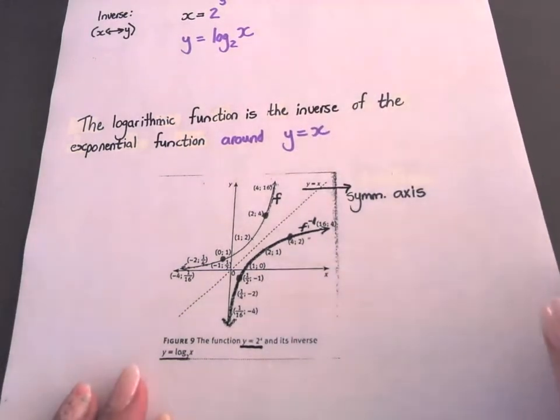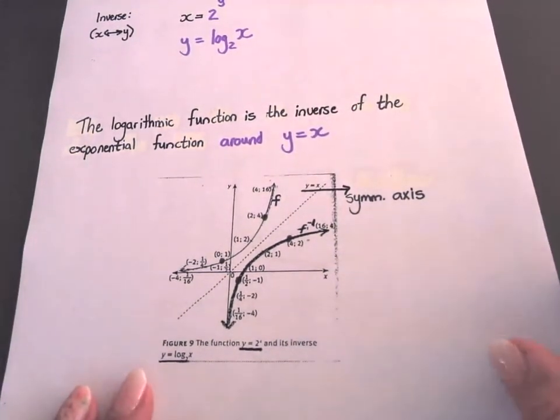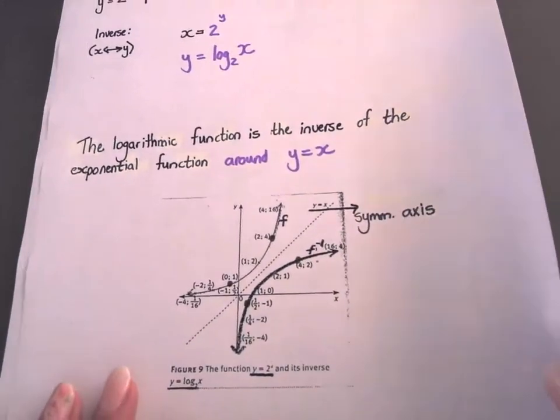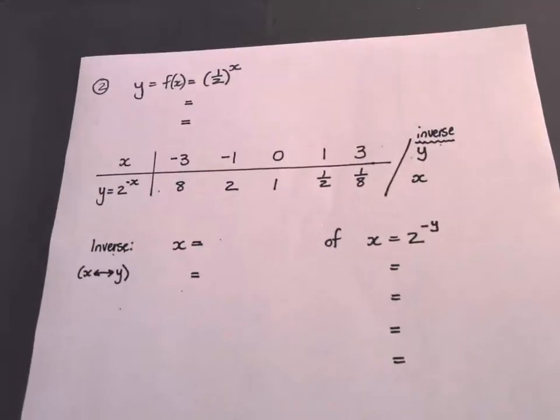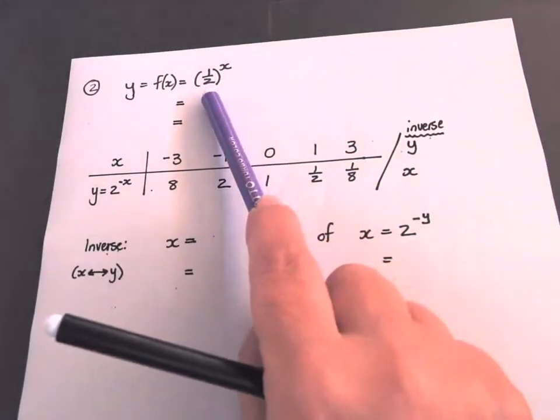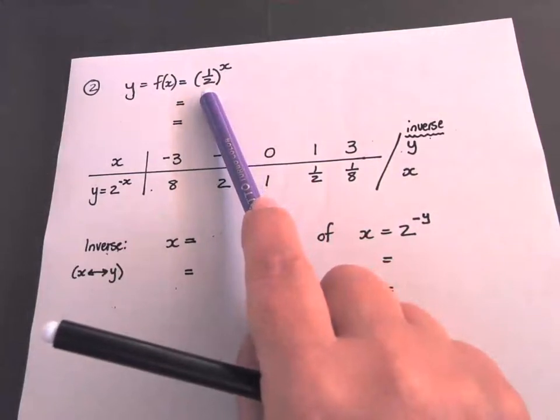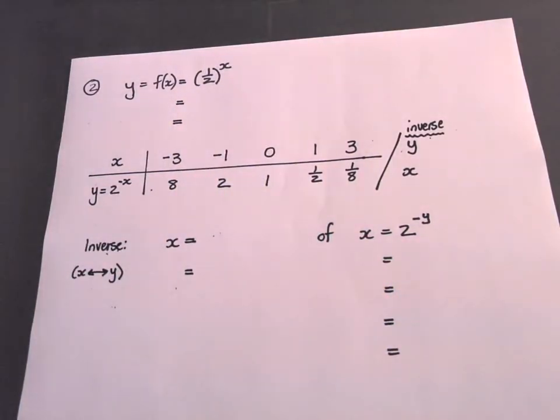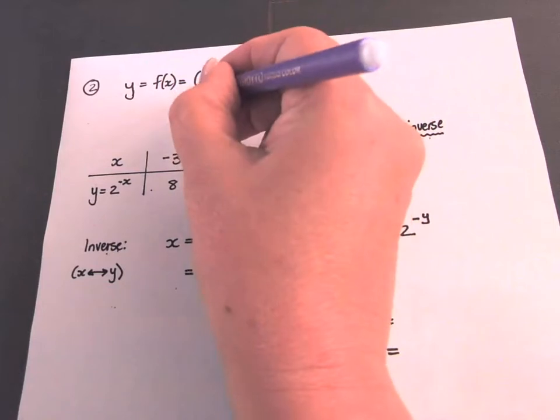I'm going to carry on with example 2. I will come back to this one. Example 2. Now I give you a base, which is a fraction. So let's just rewrite that fraction as a base 2.